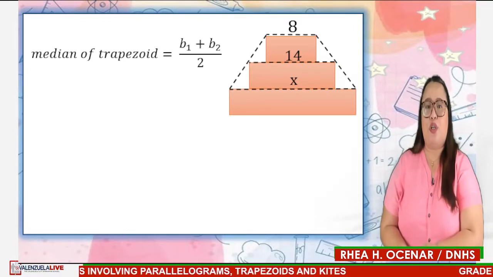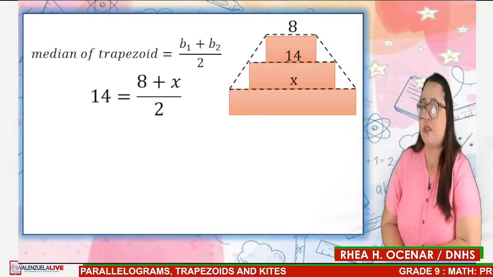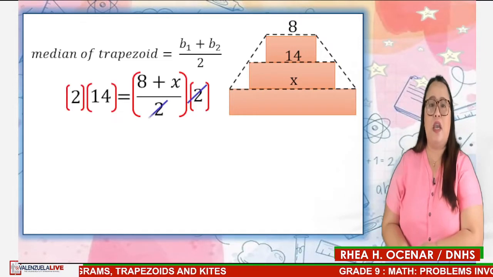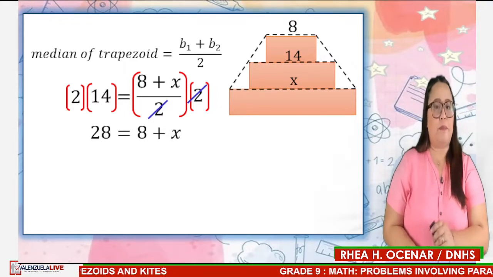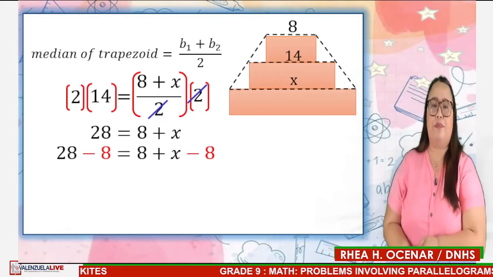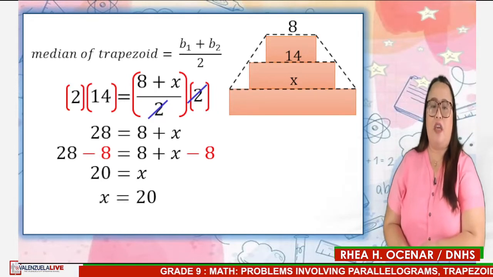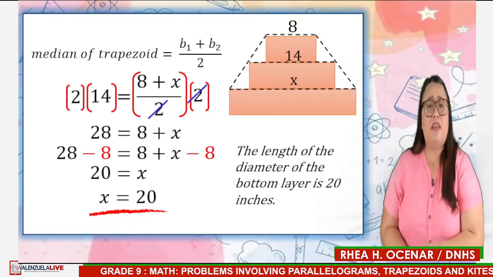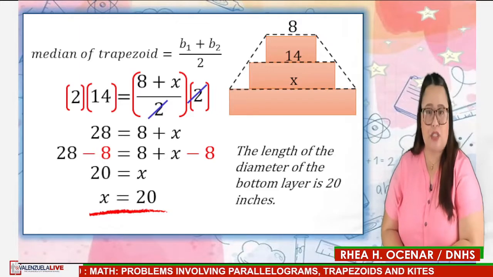By substitution, we have 14 is equal to (8 plus x) all over 2. Multiplying both sides by the LCD, we have 28 is equal to 8 plus x. Applying the SPE, we have 20 is equal to x. By symmetric property, x is equal to 20. Therefore, the length of the diameter of the bottom layer is 20 inches.